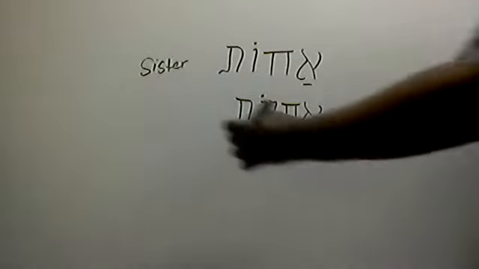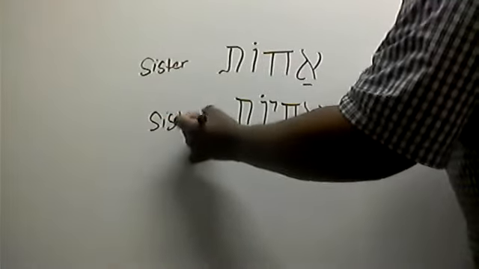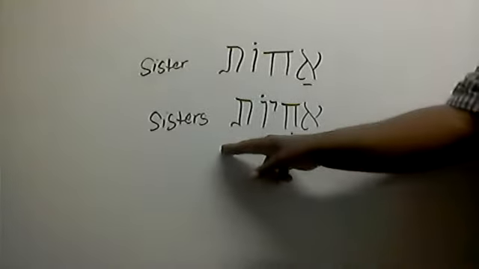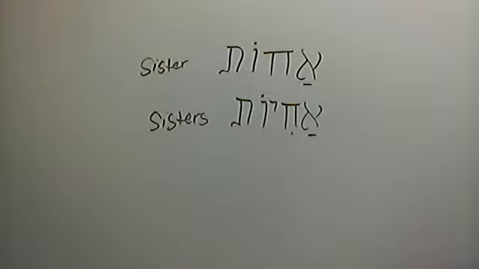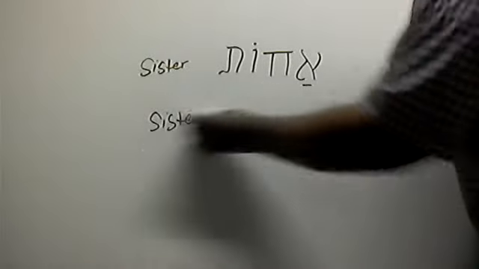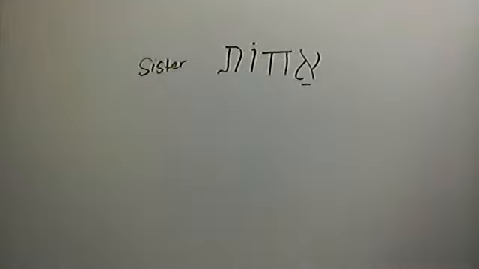Achyot, which means sisters. Achot, sister. Achyot, sisters. So we're going to show how you personify, or that is to say, show the possession. Only dealing, though, with the word Achot.